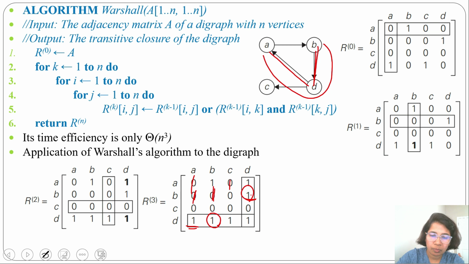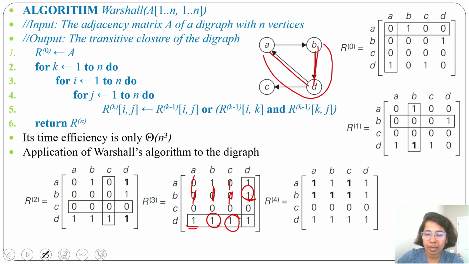Next B to D is 1, D to C is 1. That's why B to C will be 1. So now in R4 all A rows, B rows and D rows will be 1. So there is a path from A to all vertices, from B to all vertices and from D to all vertices. From C no path exists to other vertices, as from C no outgoing edges are present.